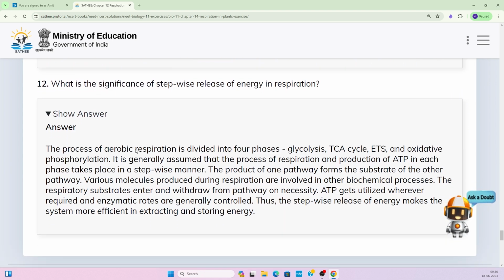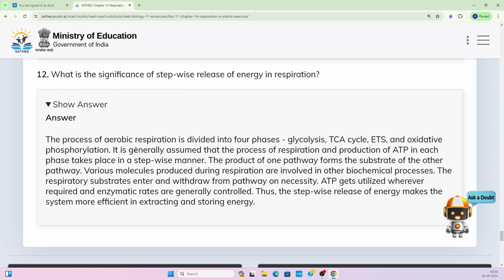Now, what is the significance of the stepwise release of energy in respiration? The process of aerobic respiration is divided into 4 phases: glycolysis, tricarboxylic acid cycle, electron transport system, and oxidative phosphorylation.